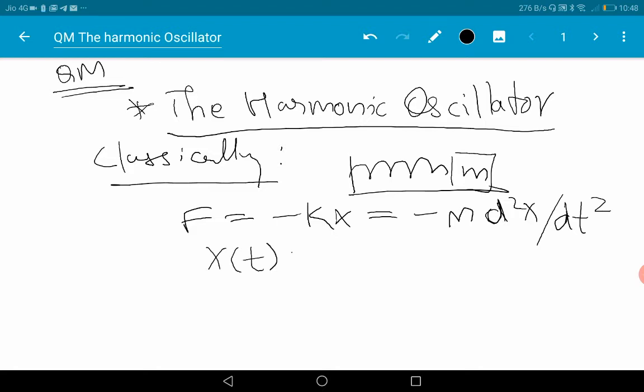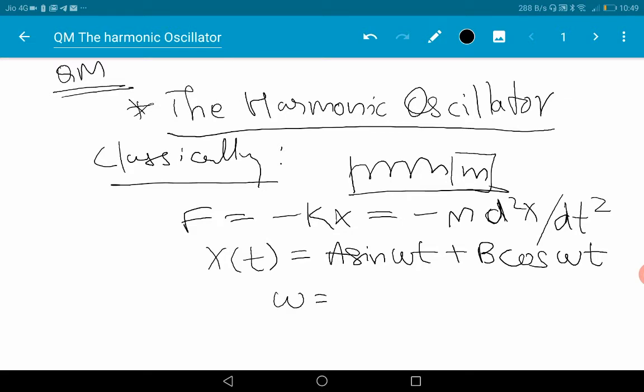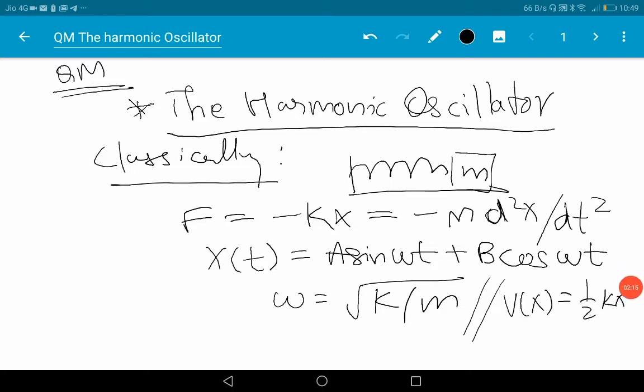Basically x(t) equals a sine omega t plus b cos omega t, where omega is, as we all know, under root k by m, and potential energy is written as half kx squared.